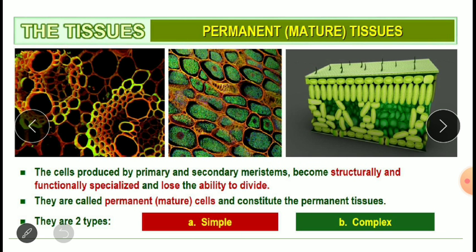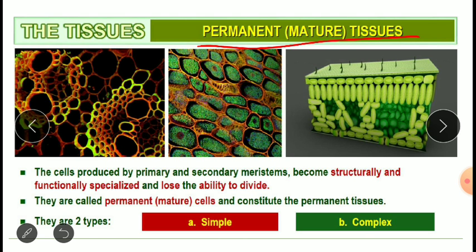Then coming to the second one, it is going to be the permanent tissues or mature tissues. We saw the meristematic tissues which are going to be having the one and only function, that is continuous cell division. No other work they are performing. These permanent tissues are going to be the tissues which are having their particular work. They know what to do.